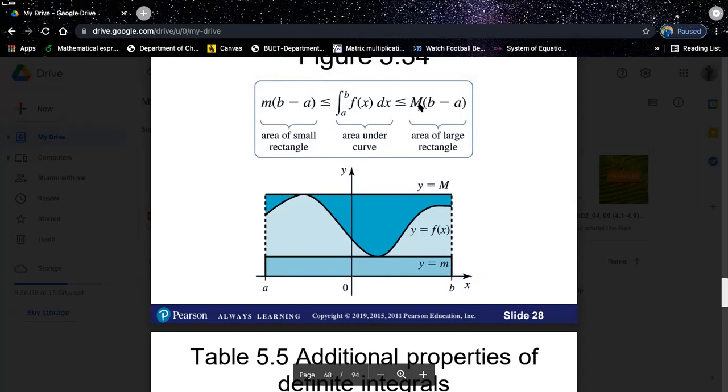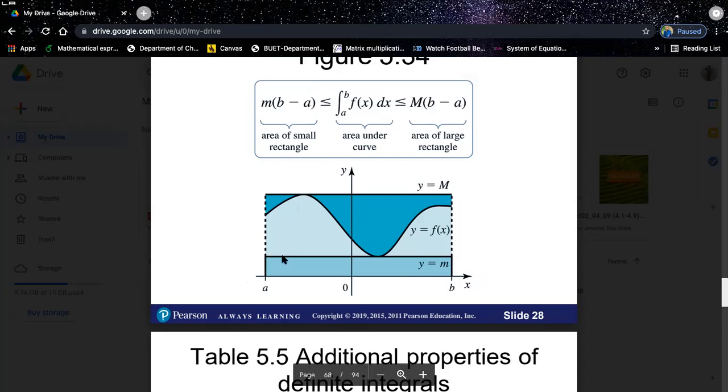And again, this capital M is this height, this length, right? Starting from here to this, or you can say starting from this 0, 0 to this. It's actually the same because everywhere on this line, your y is M, we know that. So if we consider M, this is the length of M, and of course b minus a is another length.